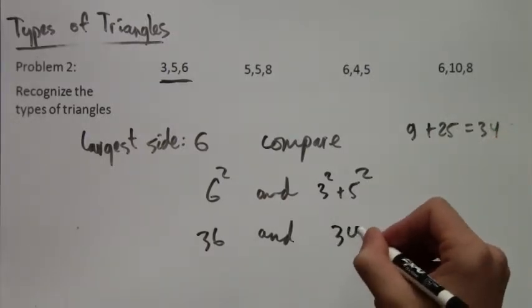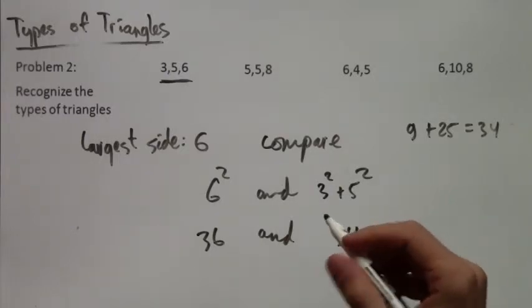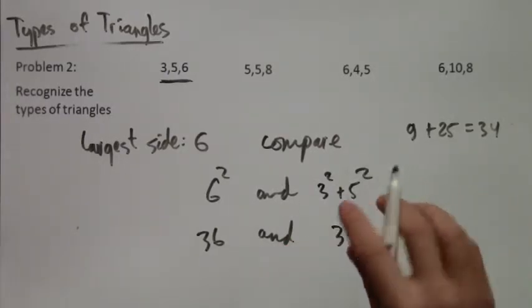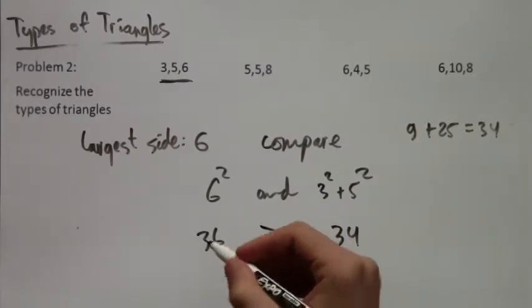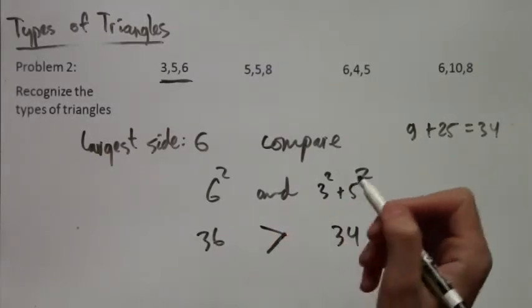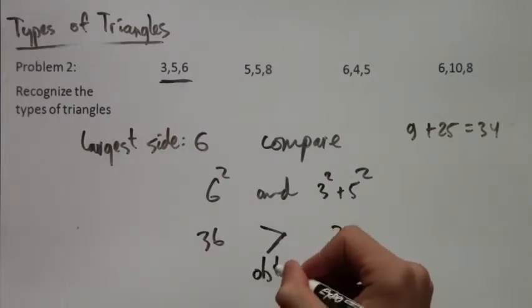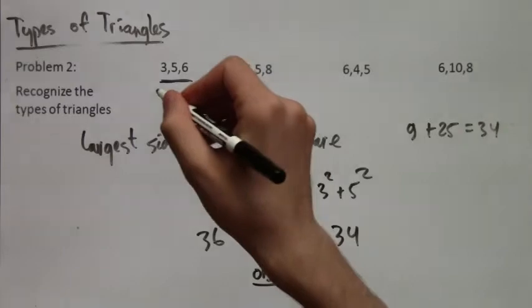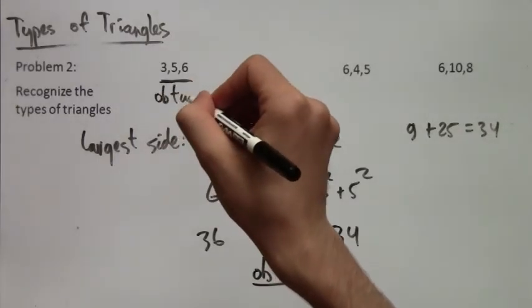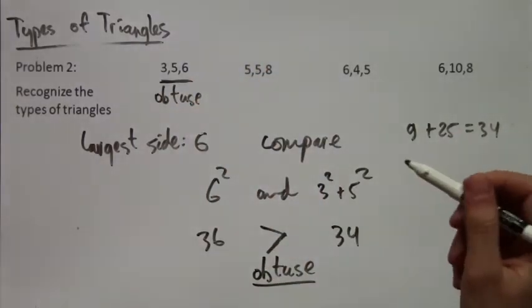So I get 36 compared to 34, and 36 is of course larger. So if the square of the largest side is larger than the sum of the squares of the two smaller sides, then we have an obtuse triangle. So remember, square of the largest side is greater, it means obtuse.